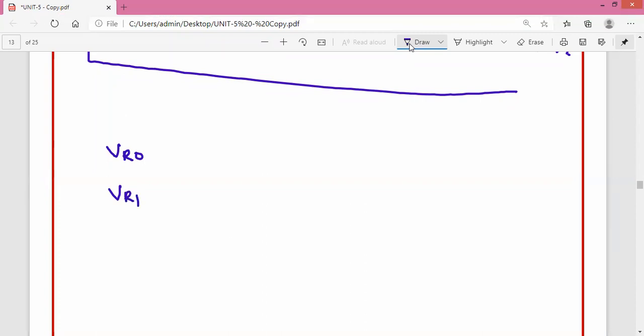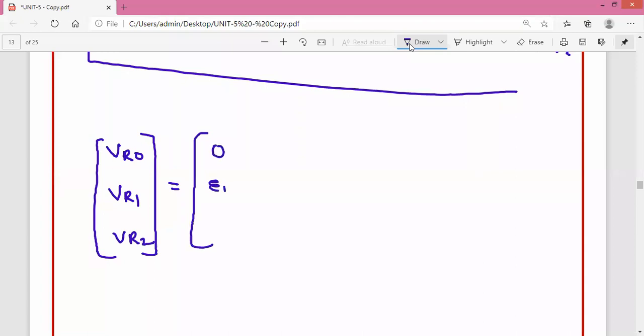symmetrical component networks. So this can be written in the matrix form, which is equal to 0, ER1. So it is also 0.